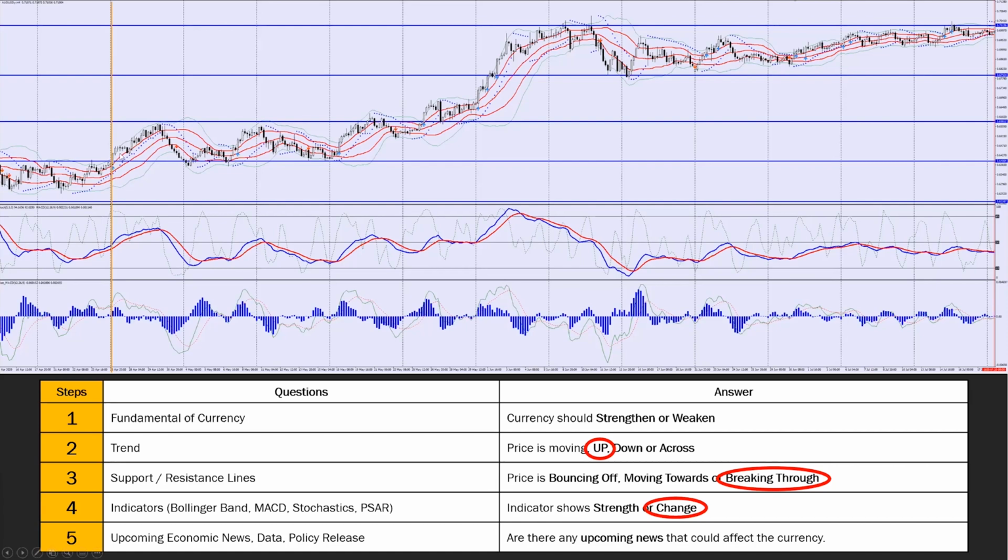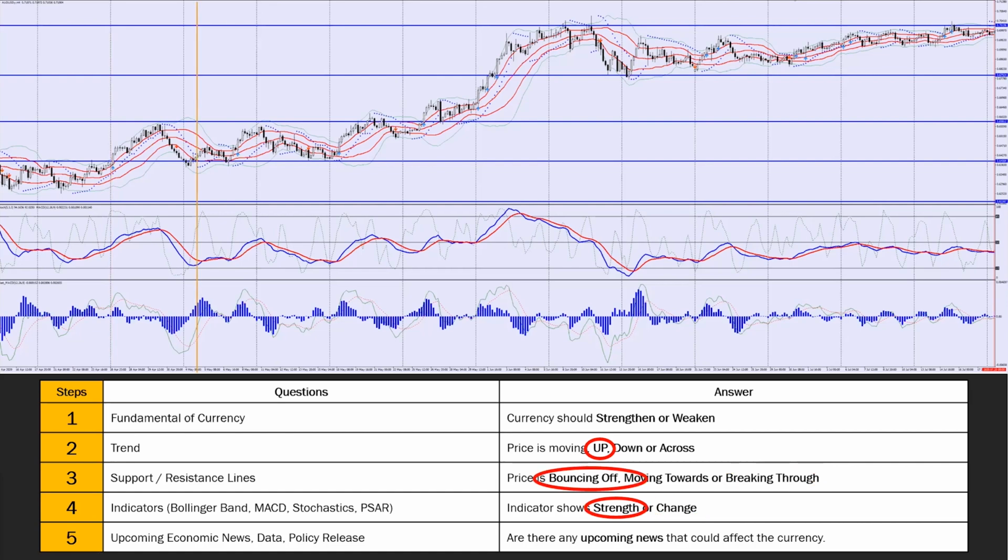So that is trade number 1, where we see it going up, breaking through resistance. Indicators are all good, showing me some change towards my take profit level.